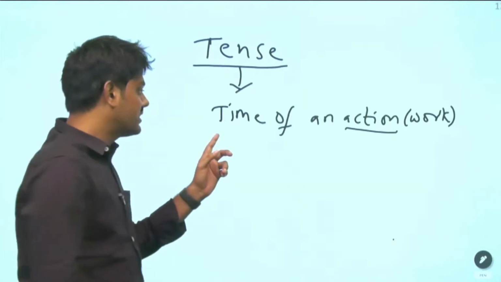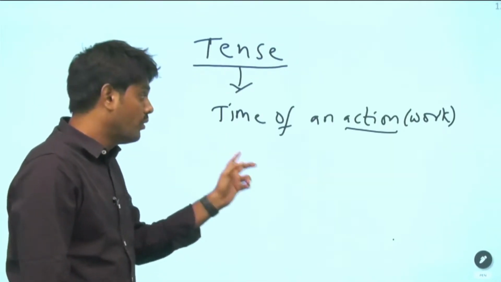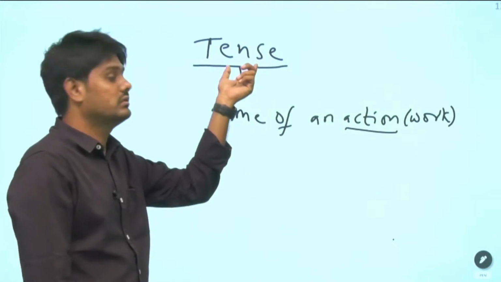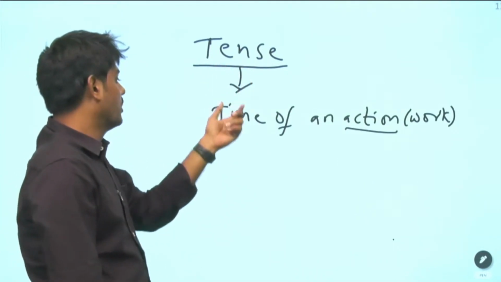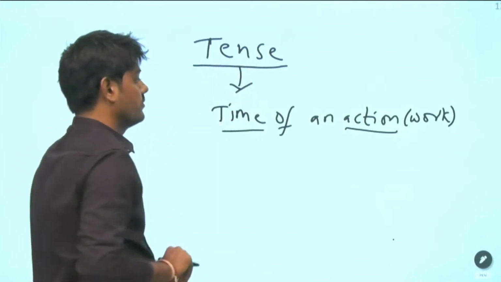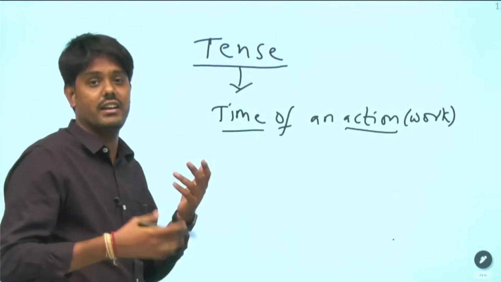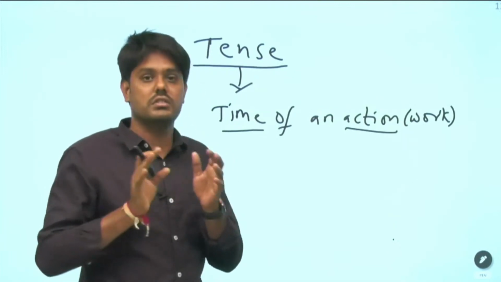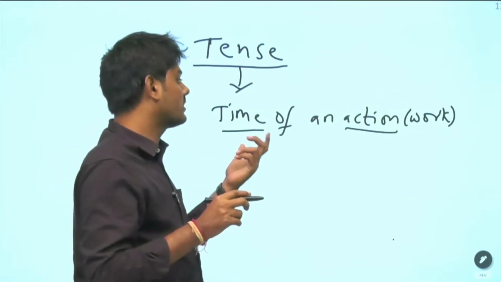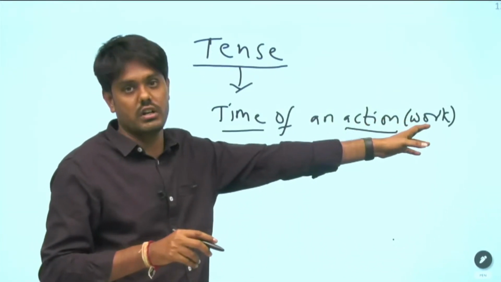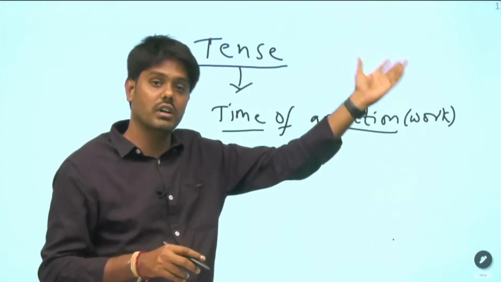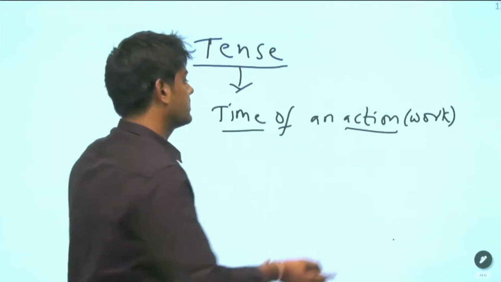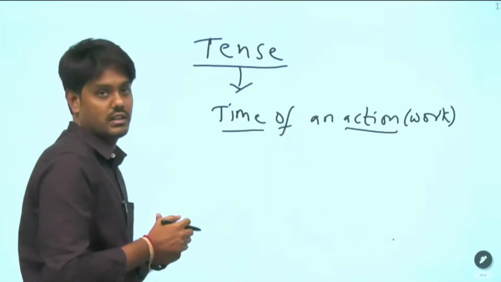With respect to time, the work you are doing is a tense. Now is a time, yesterday is a time, tomorrow is a time. Related to this time, what sort of work is going on, what work you did, or what work you are going to do, these things you will get in the tenses.